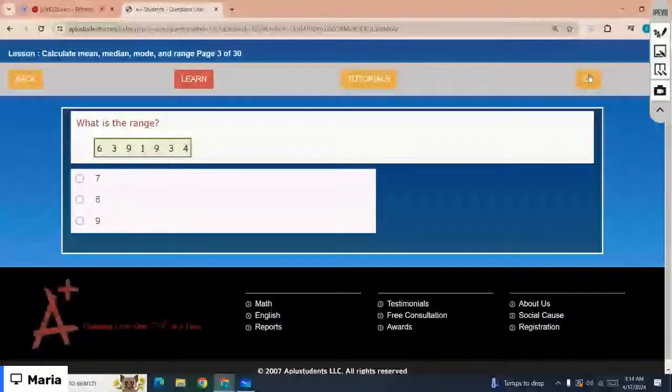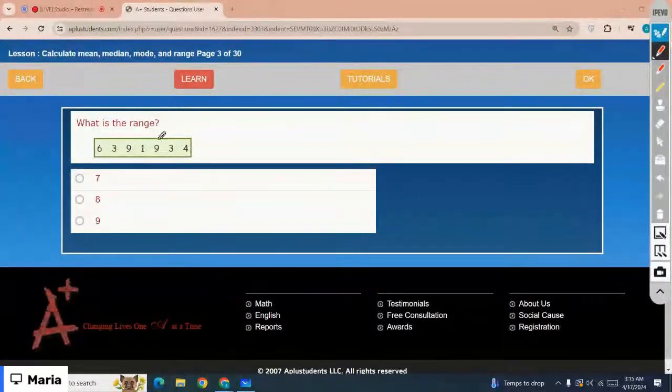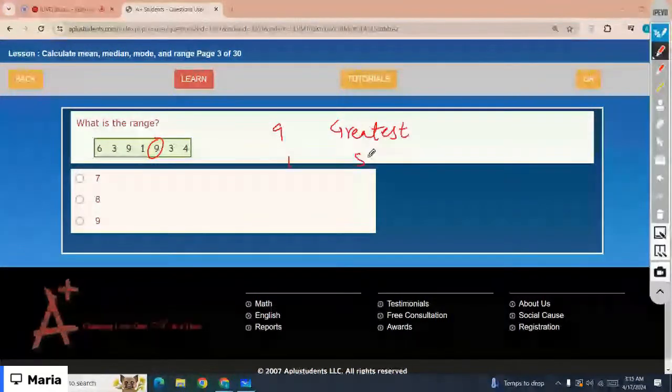The greatest number in the data is 9, and the smallest number is 1. So the range is the difference between the greatest number and the smallest number. That would be 9 minus 1, which is 8. The correct option is 8, right? 8 it is.